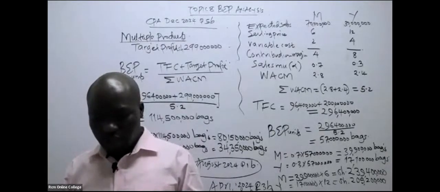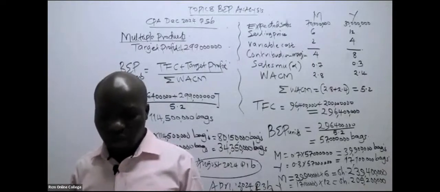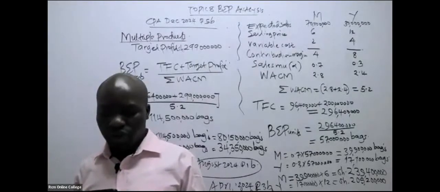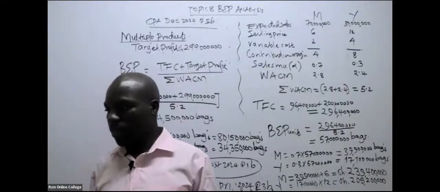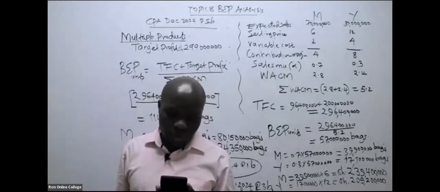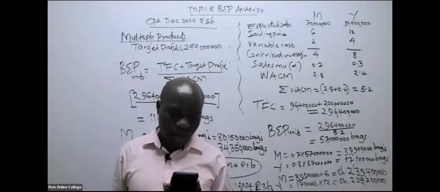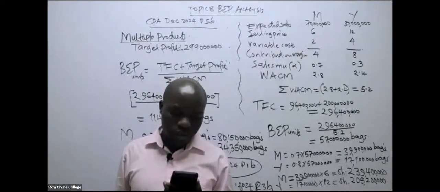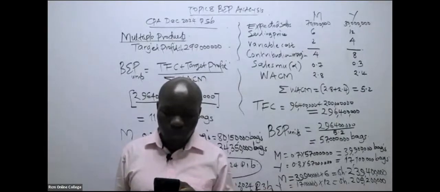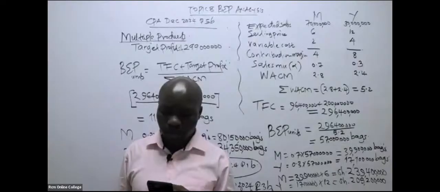Good. So we are told that Medical Limited is a pharmaceutical company which manufactures 3 types of medicines, namely alpha, beta, and zeta, using an absorption costing system. The company has 2 grades of labor, that is skilled and semi-skilled labor. The following profit statement relates to the operations of Medical Limited.